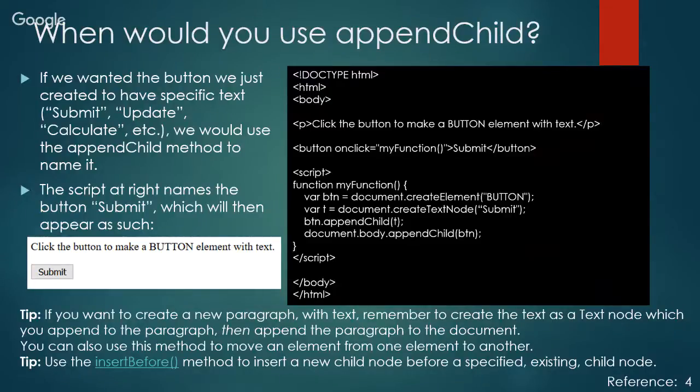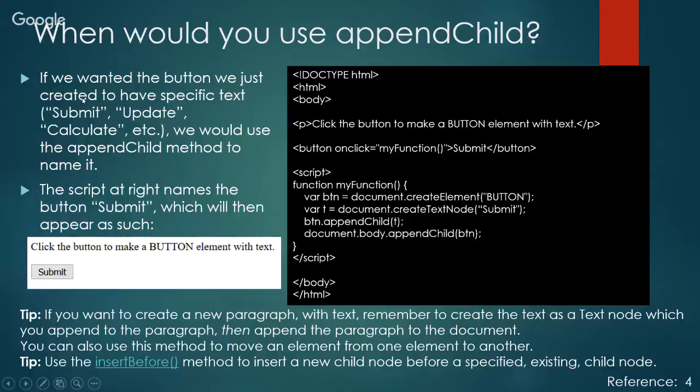After we have done the createElement method to create the button, we also create a text node so that we can give it text, and then we'll append the child with the text that we want. You have to use appendChild to do that. And if you want to create a new paragraph with text, remember to create the text as a text node, which you then append to the paragraph, and then you append the paragraph to the document. Seems like extra steps going on there. I'm sure there's a good reason for it. Unfortunately, I'm not too familiar with coding to understand why we do that, but that's the process. It's a multi-step thing.